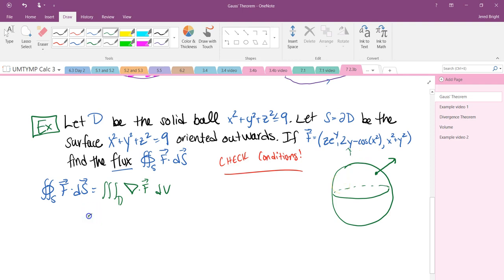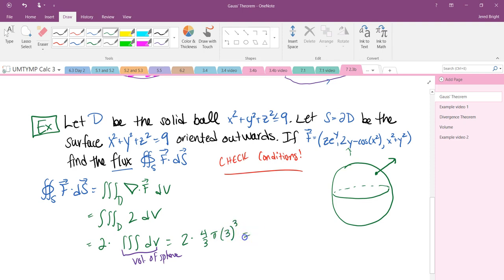So when I do the derivative, this is just going to be 2 dV. This is going to be 2 times the triple integral of dV, and you might remember that this is just the volume of a sphere. So we go back to high school geometry and say this is equal to 2 times 4/3 pi, and then r is 3 cubed, and we end up with 72 pi.